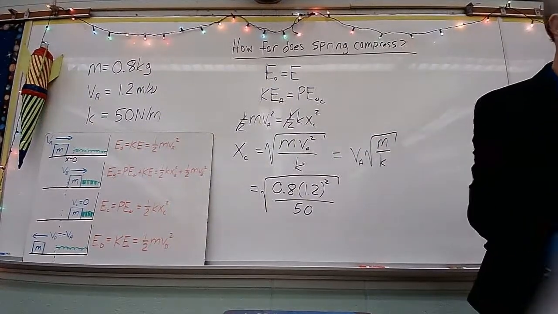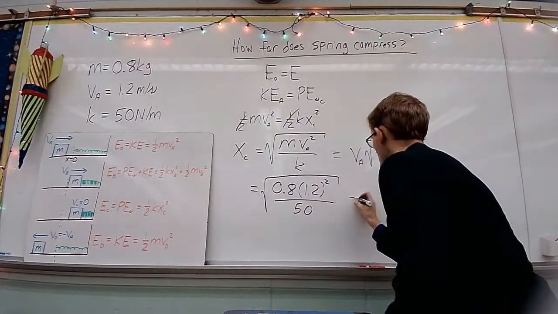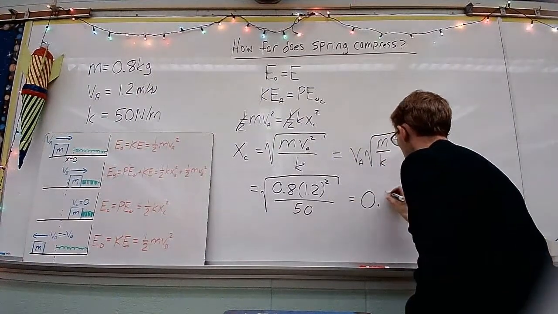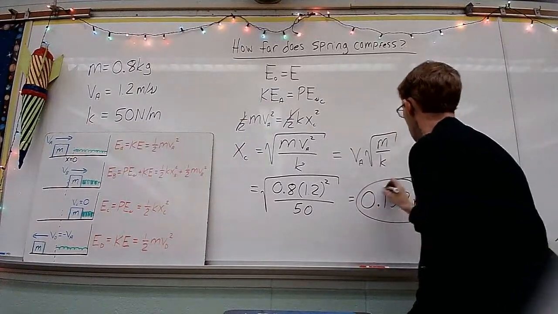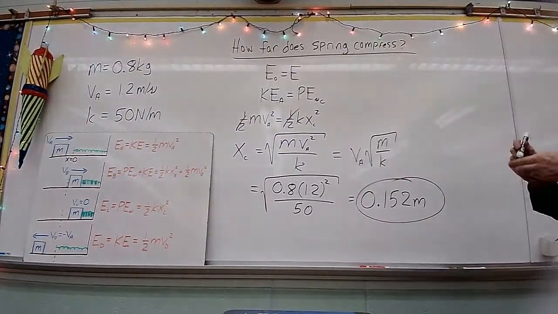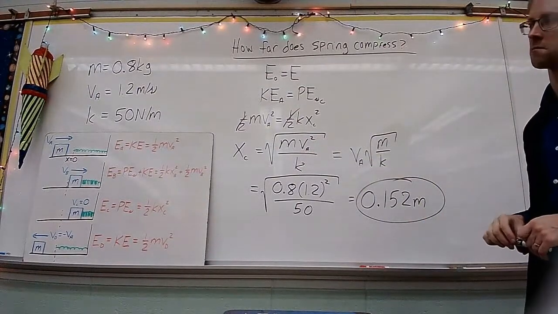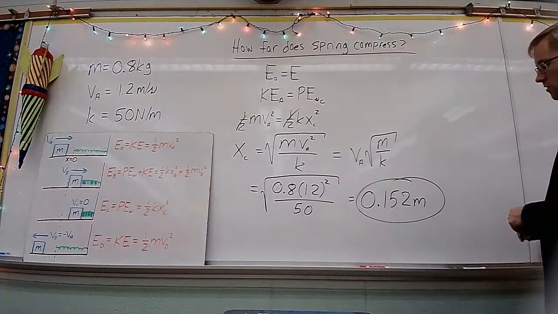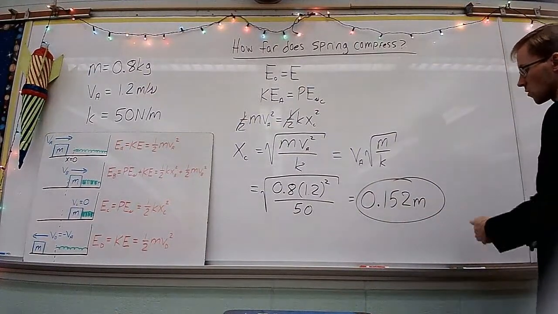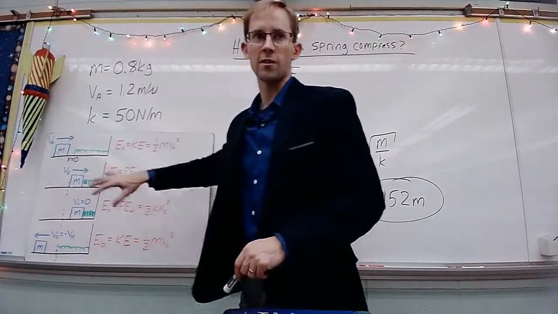I got 0.152. And that is the compression distance that this spring has undergone from beginning to end. So it's 0.152 meters away from where it would be if nothing was touching it.